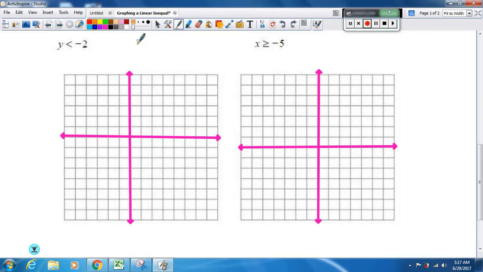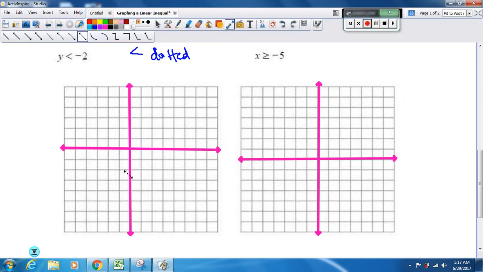It's less than. It's not underlined, so it's still a dotted line. And we're going to go to -2 on the y-axis and draw a line straight through -2 on the y-axis. 1, 2, and that didn't work out.